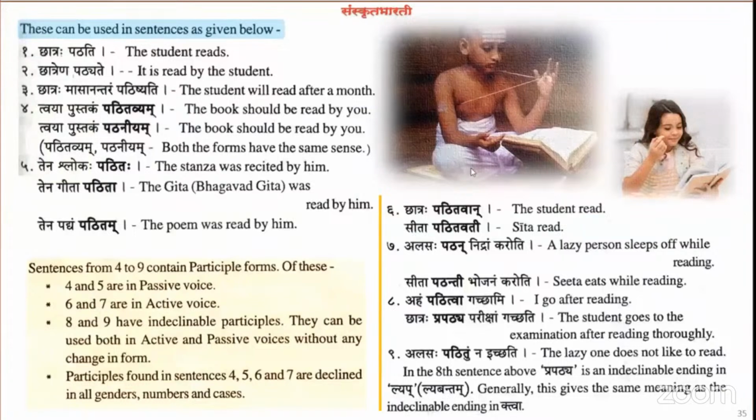Most of the verb forms do not change, but some do, in which ichhati is also there. Gacchati also becomes gamyate. So many verb forms change. I hope you remember that point. So this is all the 9 applications we have done.